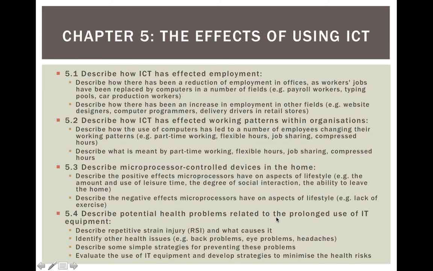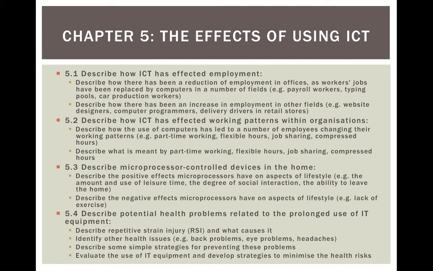Okay, so the last one for this session now is chapter 5, the effects of using ICT. For this chapter, you need to think about ICT and employment. And there are 2 categories of ICT and employment. You need to think about the reduction of employees in menial labour, repetitive tasks, and the replacement of them with computerised systems.